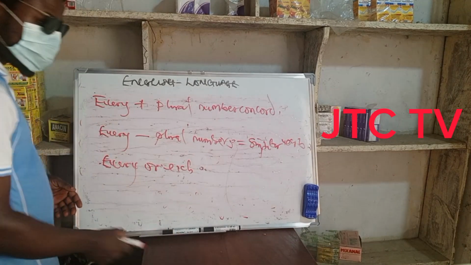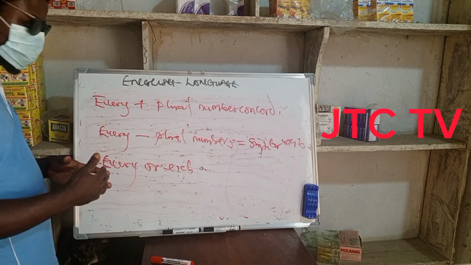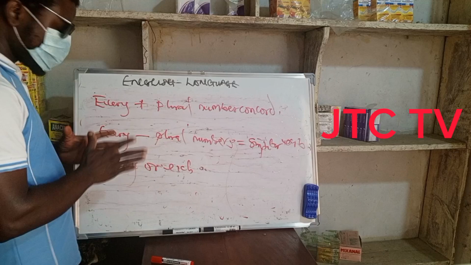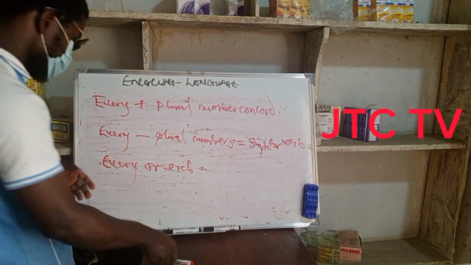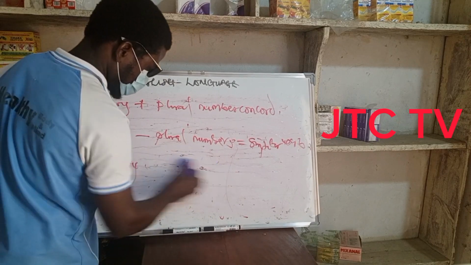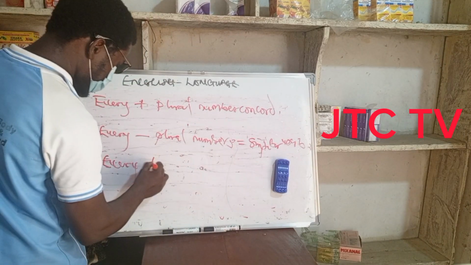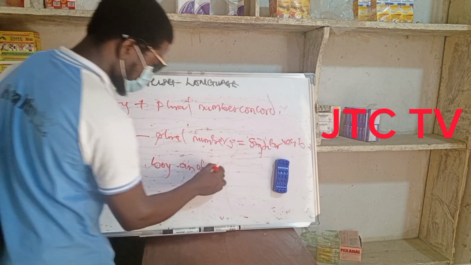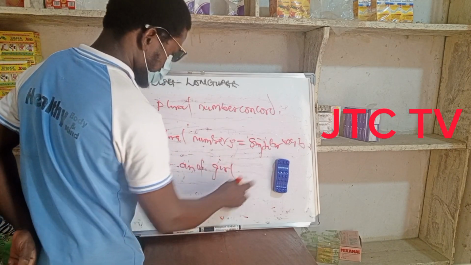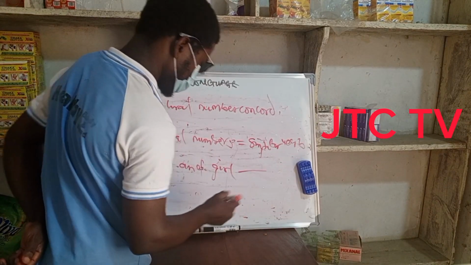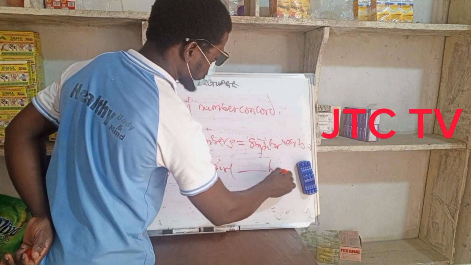Like for example, when every or each joins a sentence together with and, the verb to be used is singular. For example, when we have every boy and girl dash home.